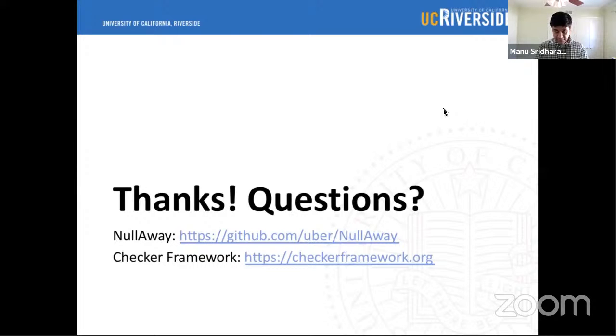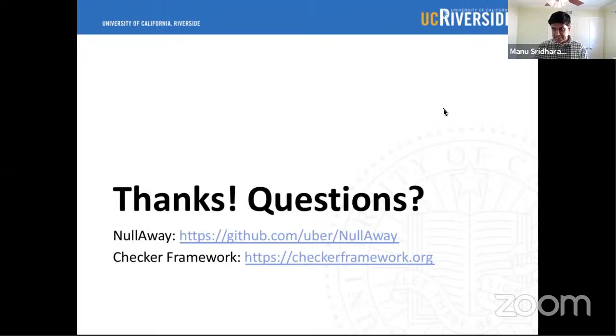Yeah, that's a great question, and it's an important problem in practice. How do you adopt this tool when you have a big legacy code base? NullAway has a lot of features that make it easier to adopt incrementally.